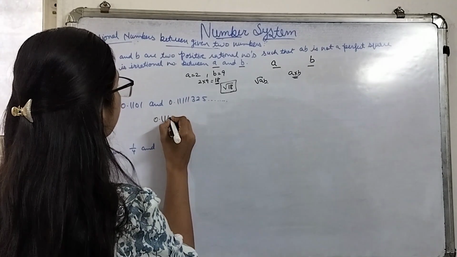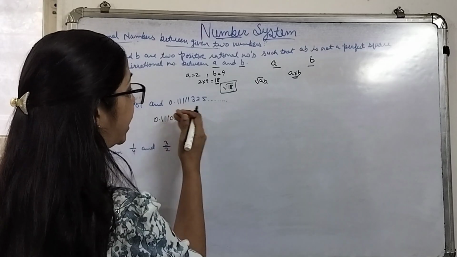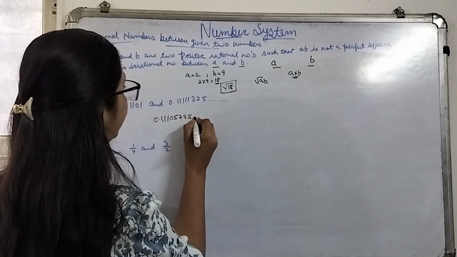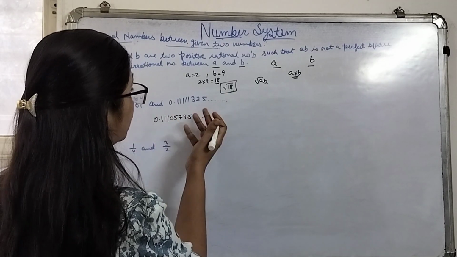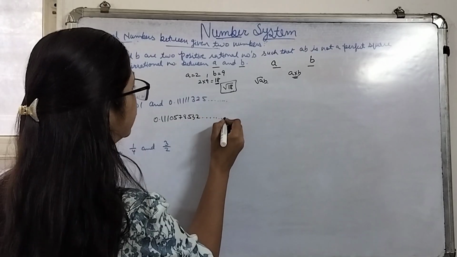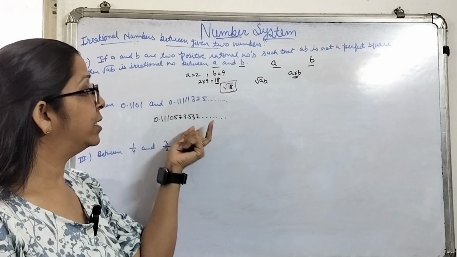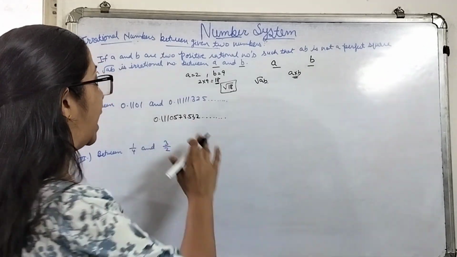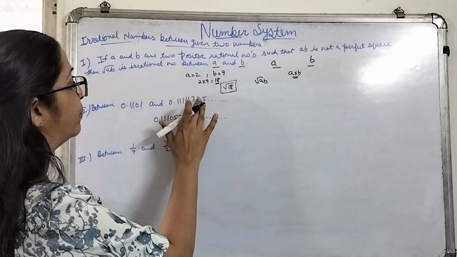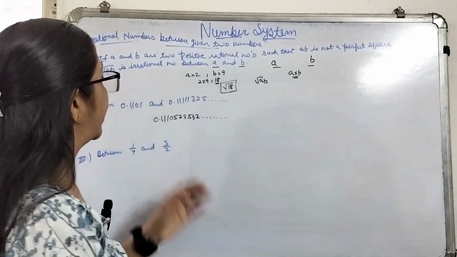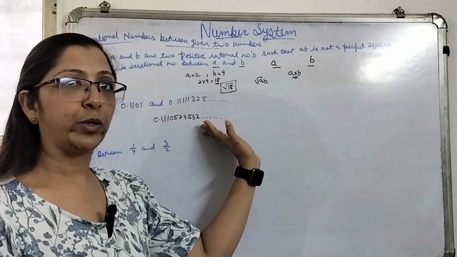So over here we can take 0, 5, 7, any digits of our choice, 8, 5, and the digits should not be repeating, so take 3, 2 like this. This is a non-terminating, non-repeating number. That means it is an irrational number, greater than this number and lesser than this number.